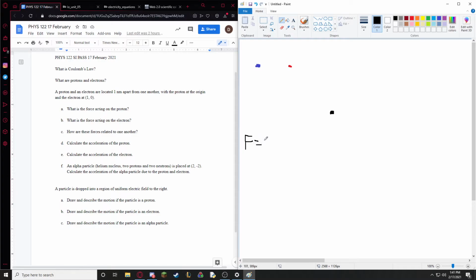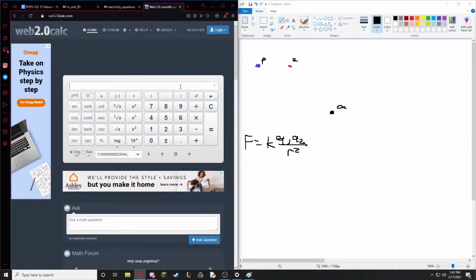So we have F is equal to k q1 q2 over r squared. We're just going to calculate the magnitude initially. What are our two q's here? We have our alpha particle, our proton, and our electron, so we're talking about the proton and the alpha particle. We have 1.6 times 10 to the minus 19 for the first one, I mean the proton.